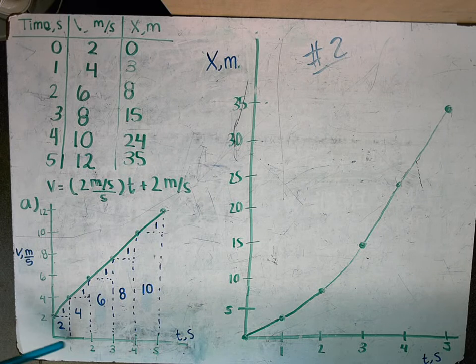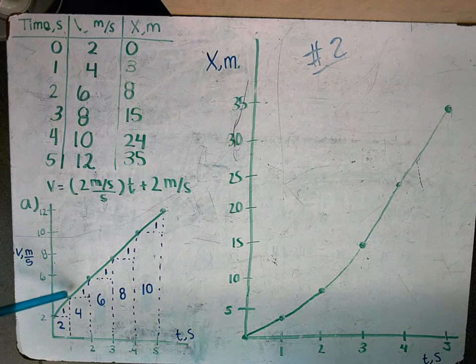This area right here represents my displacement because I started off going 2 meters per second for 1 second. But during that second, I increased my velocity. I went from here to here. So this area here represents how far I went because during that second, I increased my velocity.